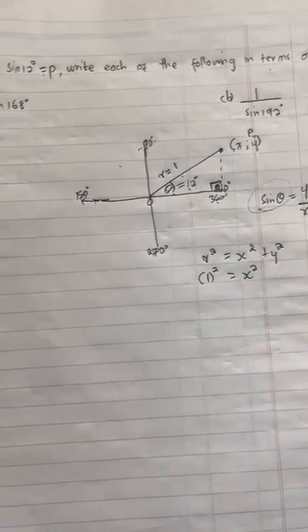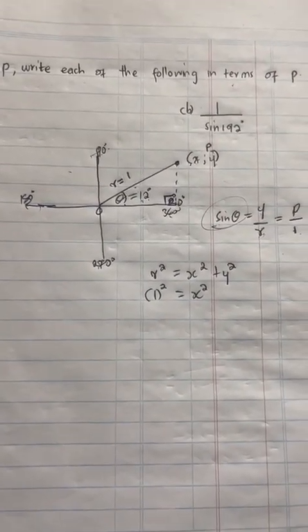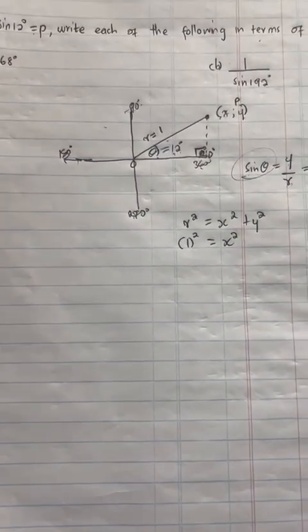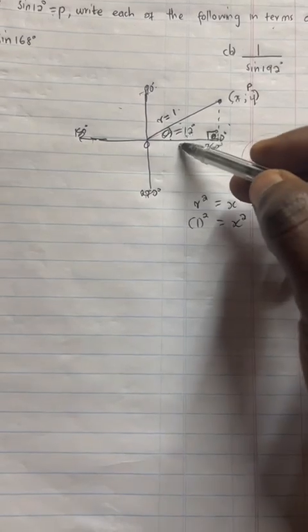So here, the first thing I wanted us to do is find the third parameter, which is x. The only way to get x is to use Pythagoras theorem, because we have a right angled triangle, and we have two sides, and the last side is x.